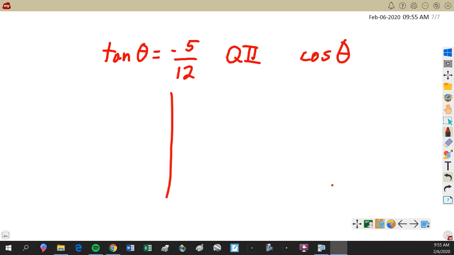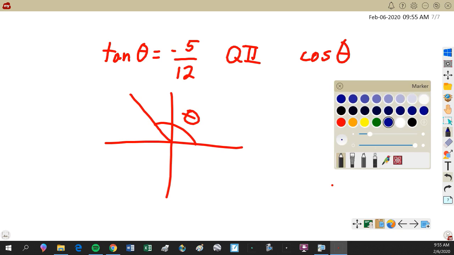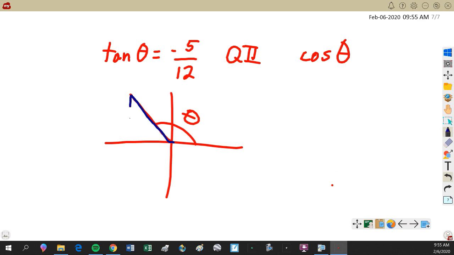So first, I'm going to draw theta. And I'm somewhere in quadrant 2. It doesn't really matter where it lands in quadrant 2. Now I build my right triangle. So here is my triangle. This is my reference angle. And the tangent is O over A. But that negative is actually kind of out front.